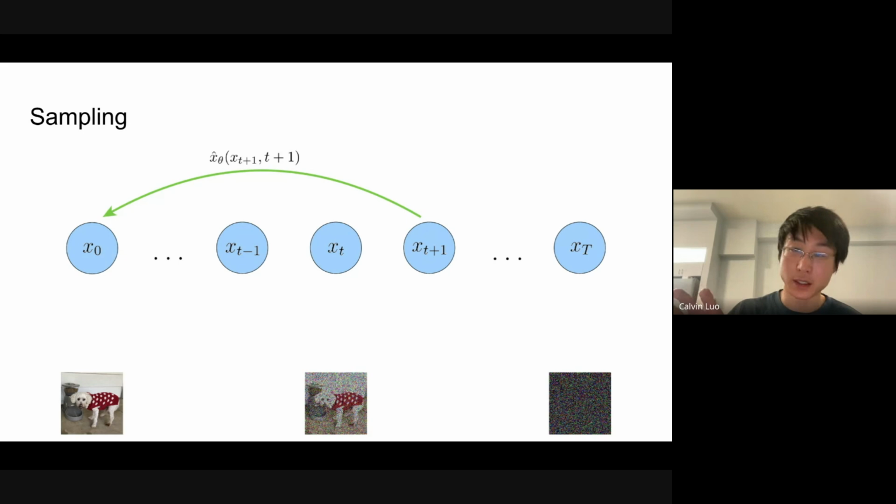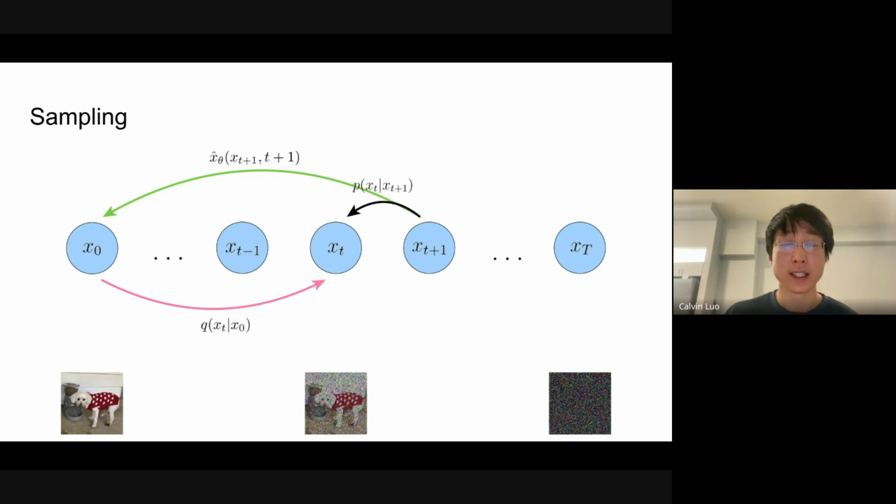We take any arbitrary position in the hierarchy, like xt+1, let's say, and because our model is trained to make a prediction on the clean image x0, we can make a prediction, right? And after we make that prediction, we actually add back noise. We go back to encode it, but at a lower hierarchy.